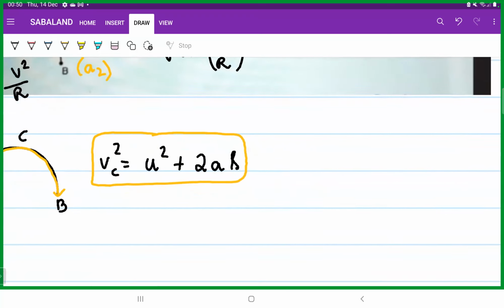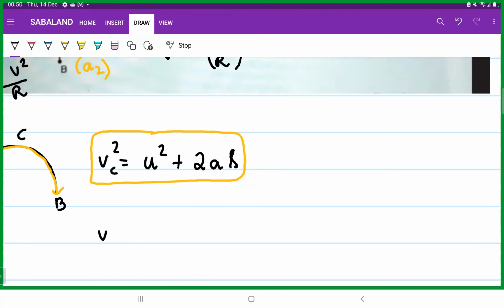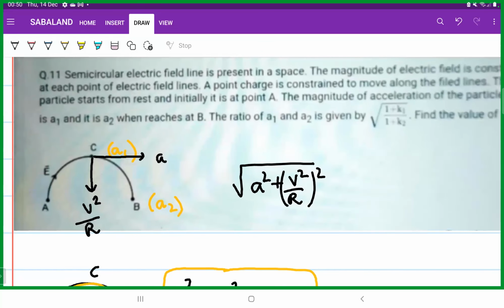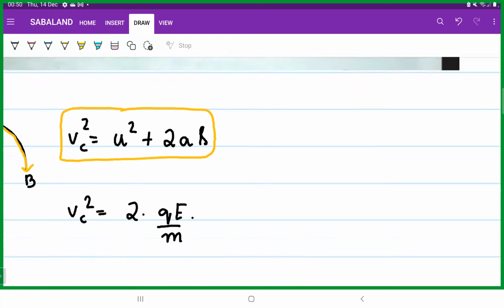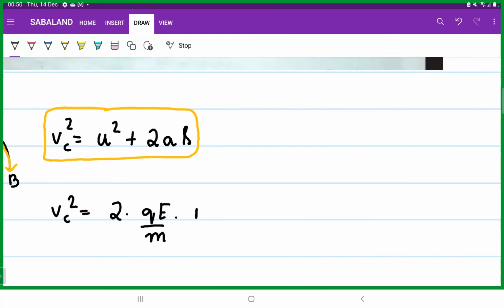So let's get started. Vc square will be, acceleration is force by mass, right? Force is qE, so qE by m into the distance. The distance will be pi r by 2, because this entire length is pi r, half the circumference of the circle, and A to C will be pi r by 2.